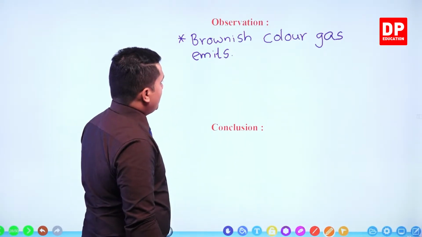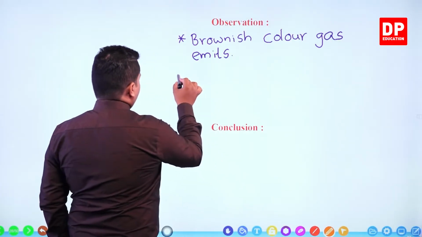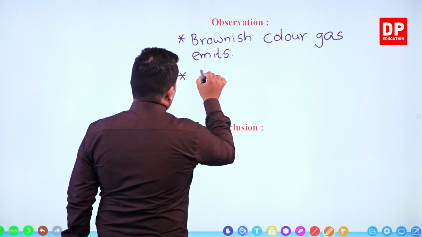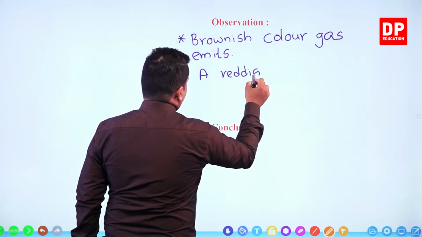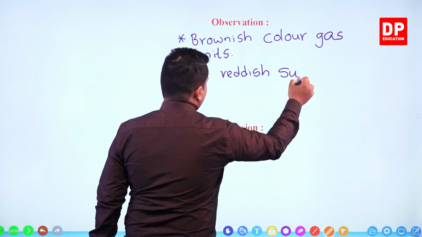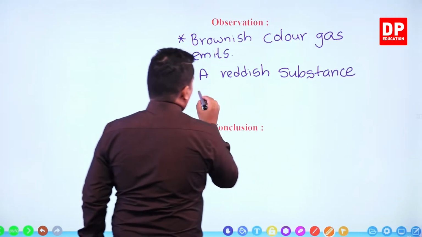Brownish color gas emits, right? The first observation. A reddish substance was found in the end.